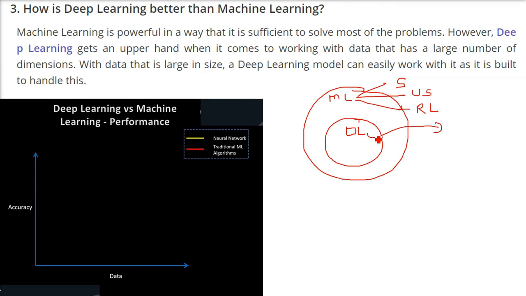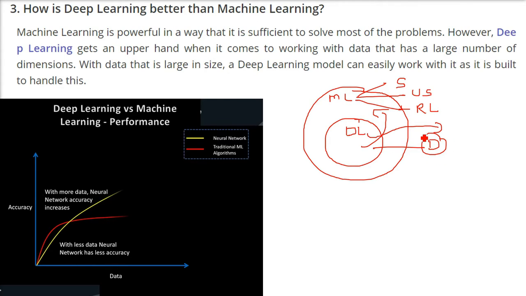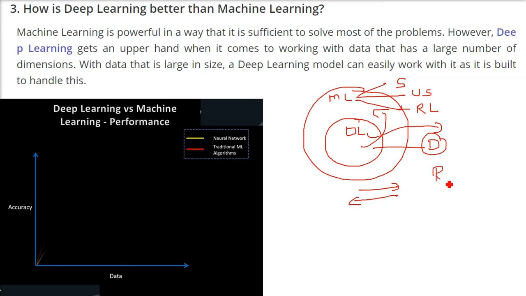With data which is of large size, deep learning can easily work with it, as it is built to handle this humongous amount of data. Huge data, big data, all kinds of multi-dimensional data. Wherever we talk about forward propagation, backward propagation, we want the machine to learn how to recognize, how to distinguish.